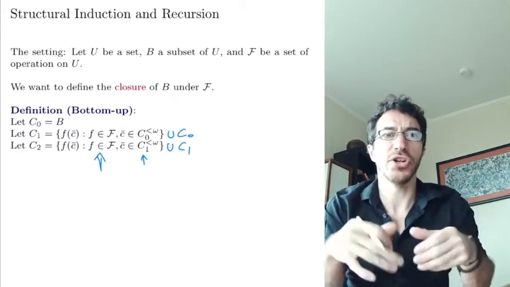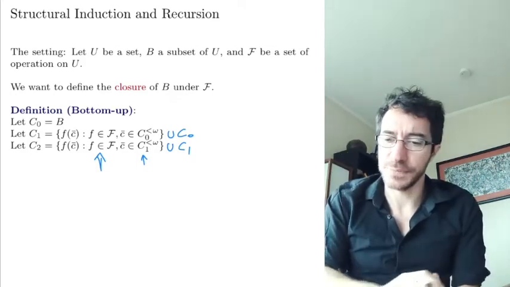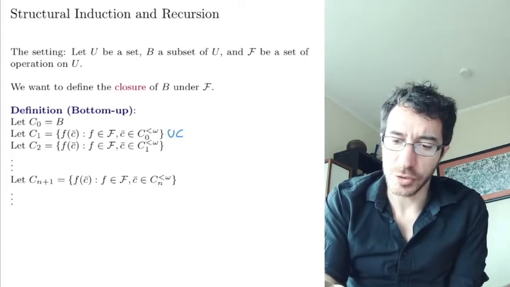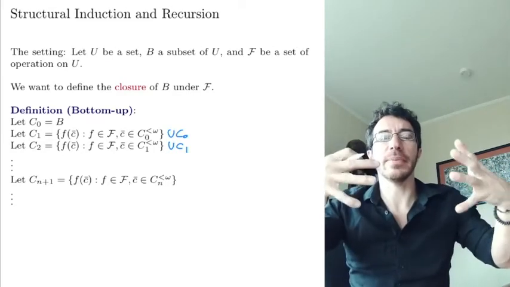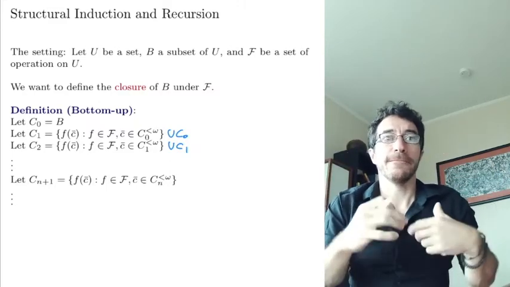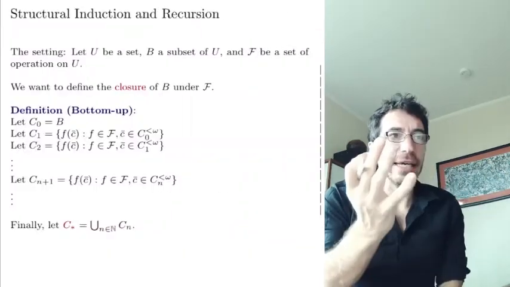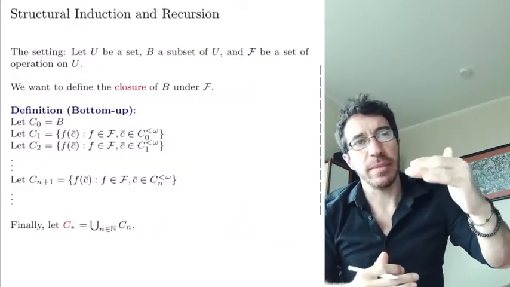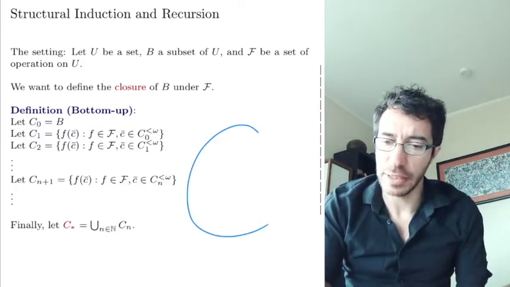We want not just the ones that you get from the functions, but also the ones that we had before: union C0, union C1, and you keep on doing this. At every step, whatever we have so far, we include, we apply the functions to those elements and we get a bigger set. And at the end, we do this infinitely many times, and then we take the union of everything.